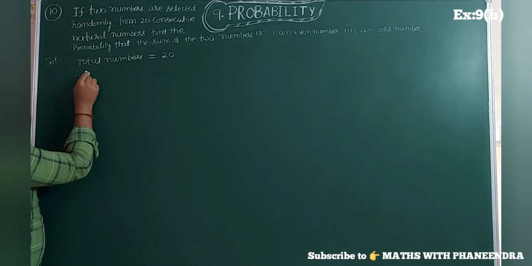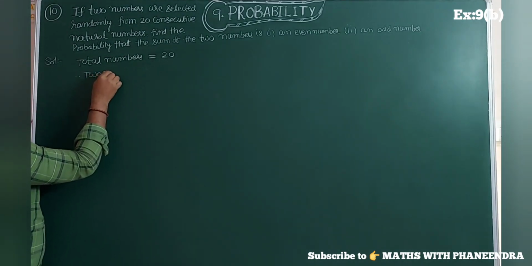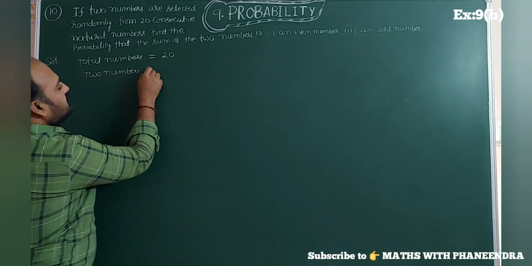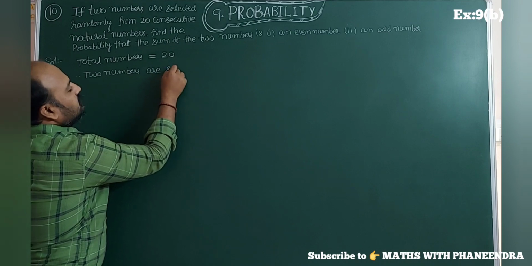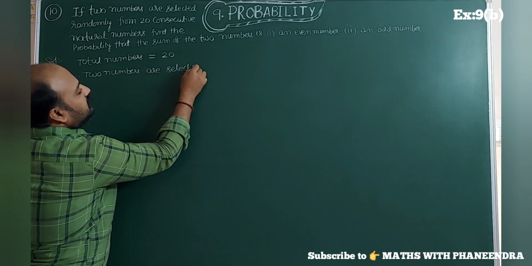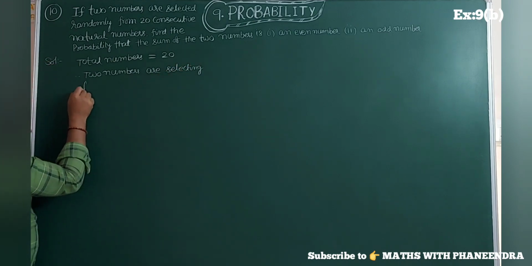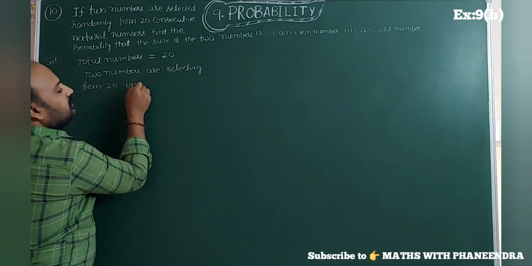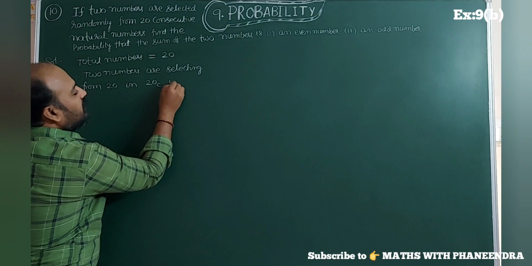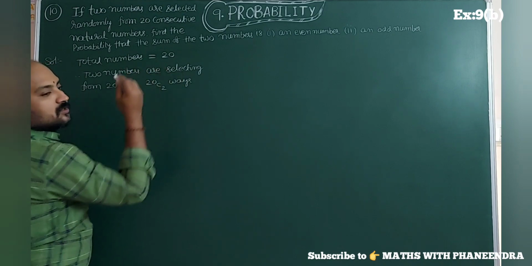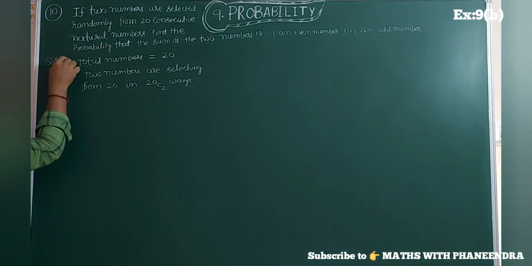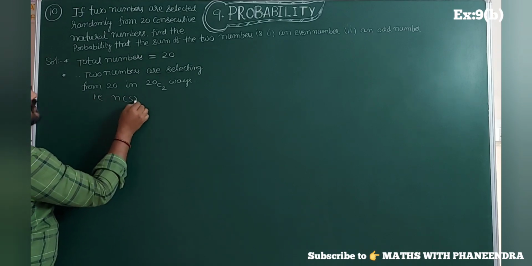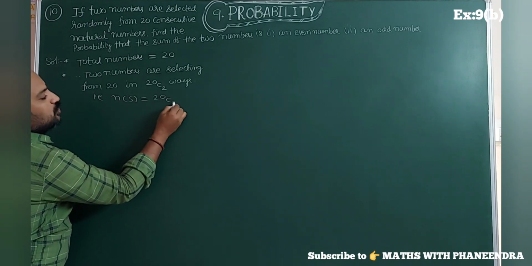So two numbers are selected from 20 in 20C2 ways. These are the total possibilities. So n of S is equal to 20C2.